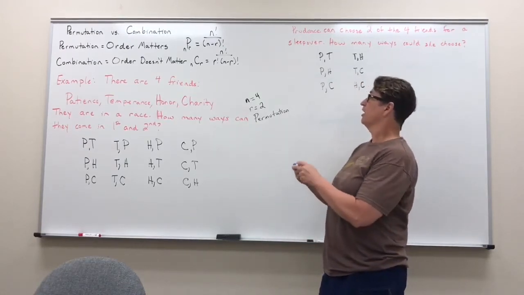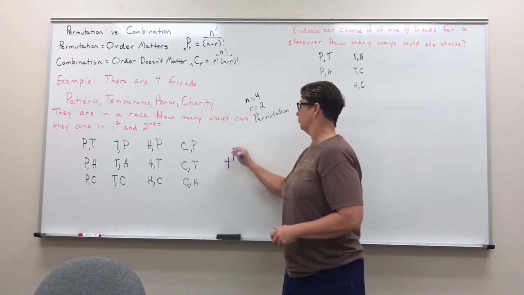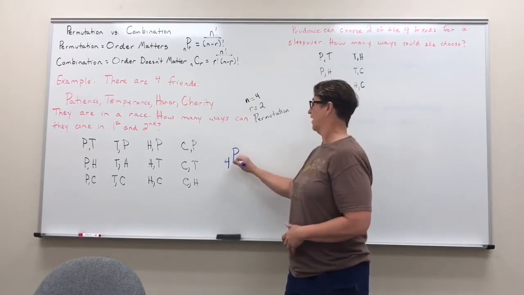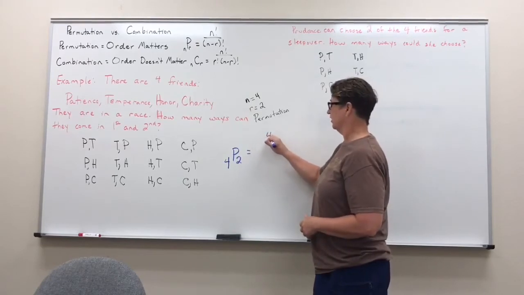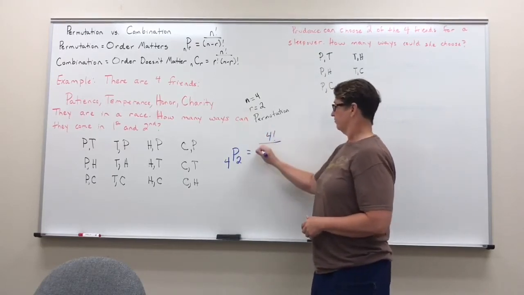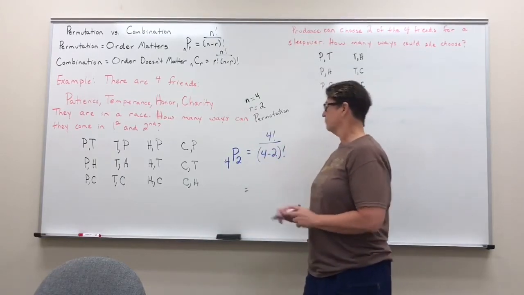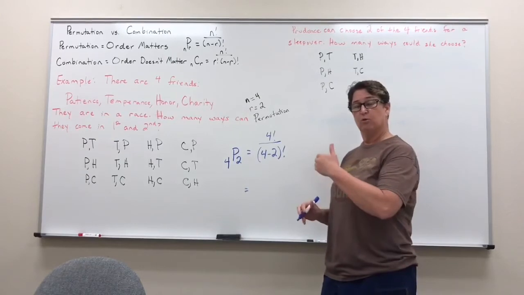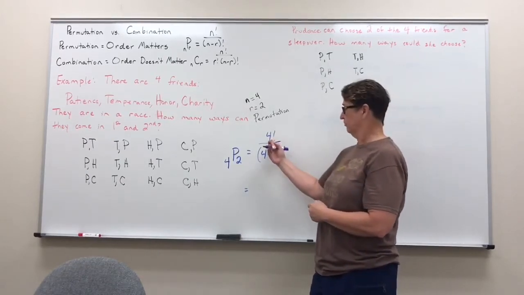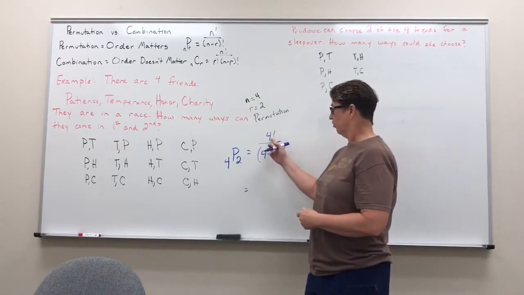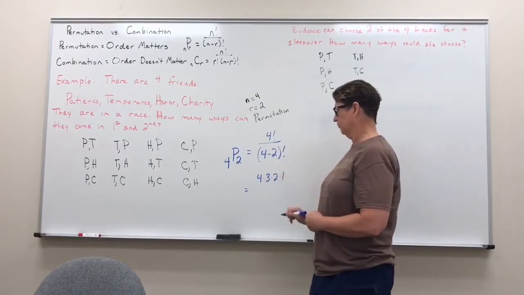So here I'm just going to plug in. Our n was 4. We decided it was a permutation because order mattered, and our r was 2. So everywhere I see an n, I'm going to plug in that 4. So I had 4 minus the 2 factorial. So remember that factorial, what I'm doing is taking all of my numbers and just multiplying from 1 up to this number. So this 4 factorial means 4 times 3 times 2 times 1.